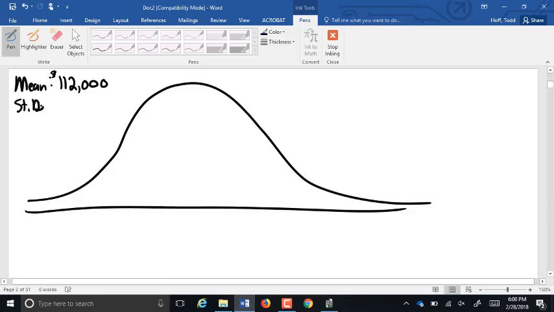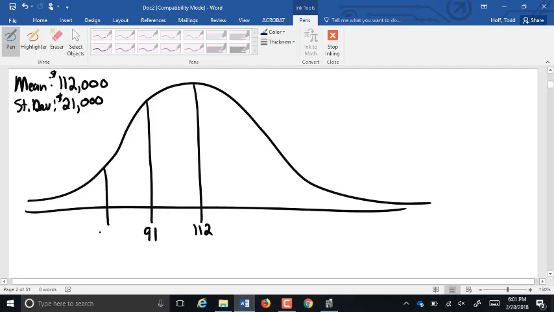With a standard deviation of 21,000. So what that's telling us is the middle of this curve is 112,000. I'm just going to write 112. The next step is 91. How did I get the 91? 112,000 minus 21,000.